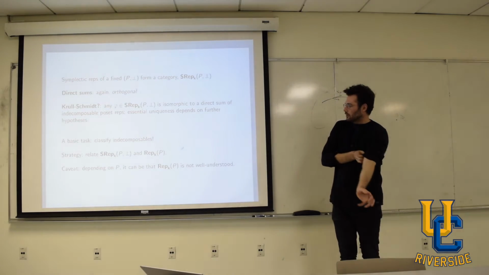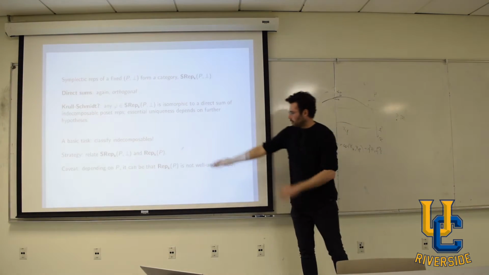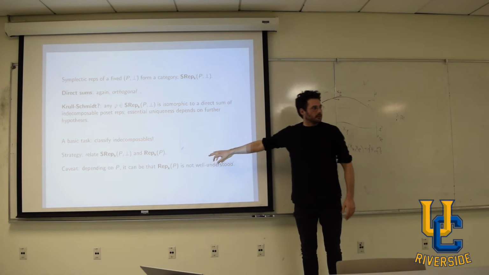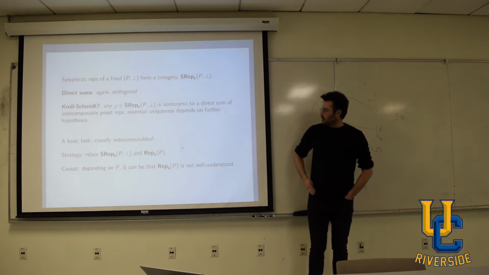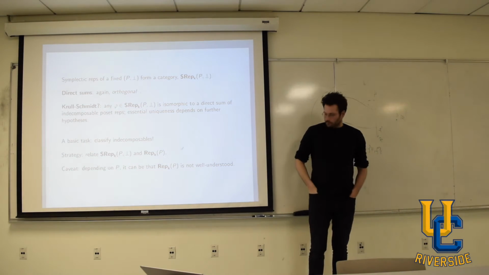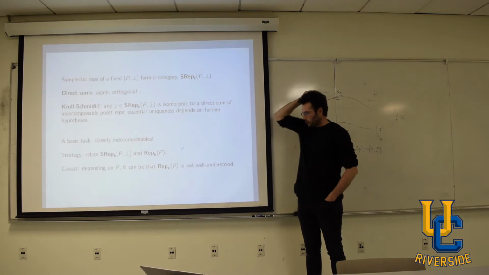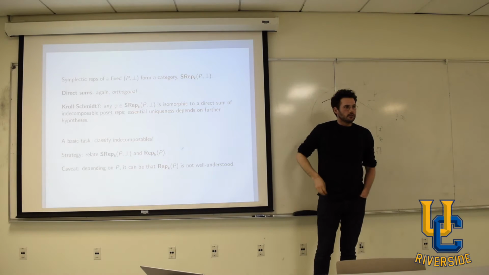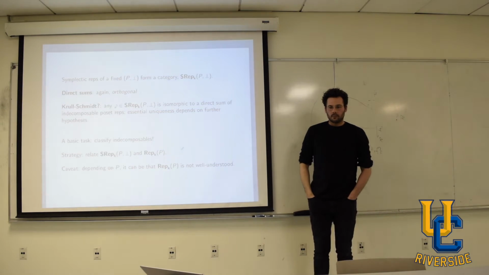And the caveat here is just that it might not be that this category of representations is well understood. But for a lot of simple posets, there's a full classification, and this is closely related to quiver representations. So there's this trichotomy of finite type, tame type, and wild type.